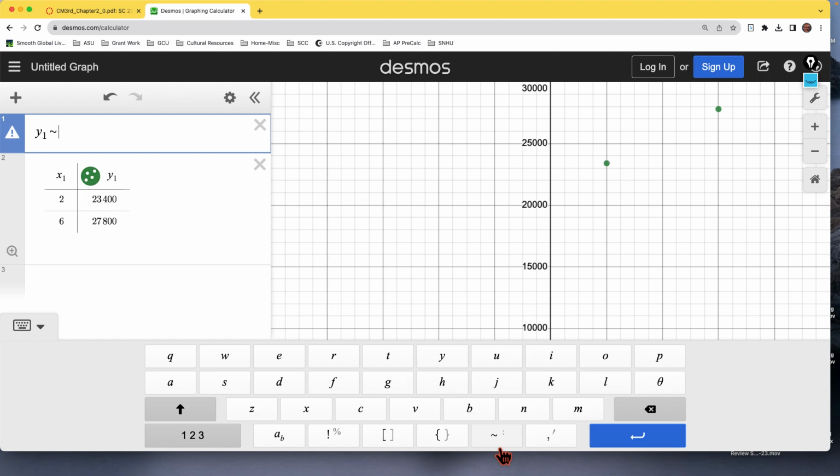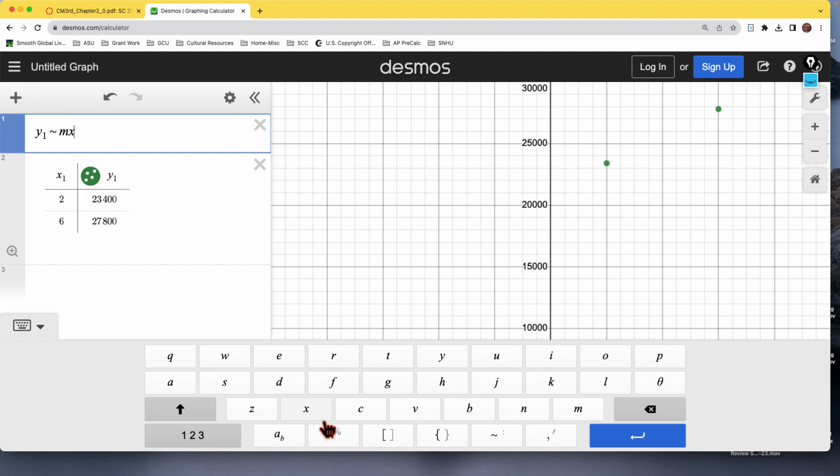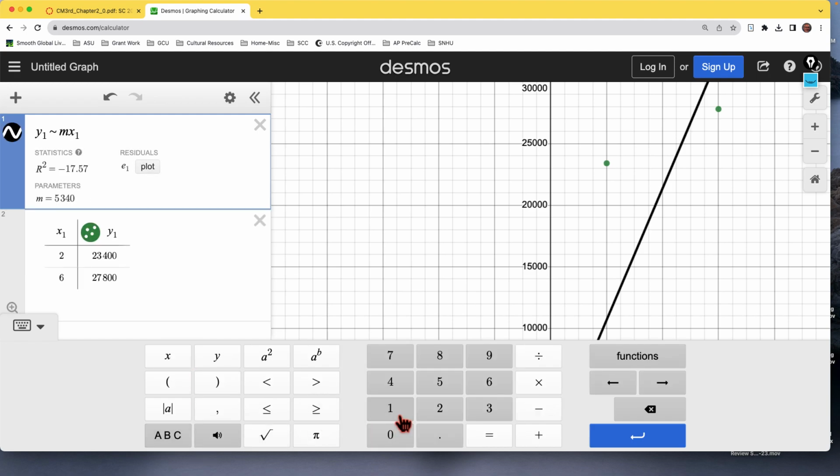Y equals mx plus b. Watch this. I'm going to put in m. I'm going to put in x, but not just x. What kind of x? x1, because I want it to go look at this table. So then I come back here to the numbers and I put 1. And it just puts it down for me. I didn't have to do anything. I just, right next to the x, I put in 1. Now it knows I'm looking at this particular table.